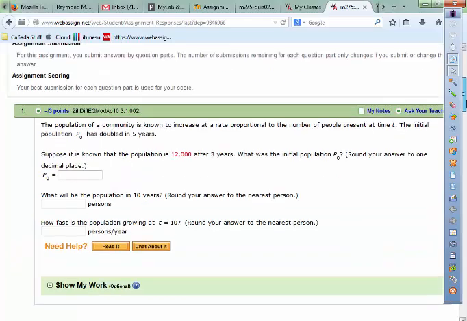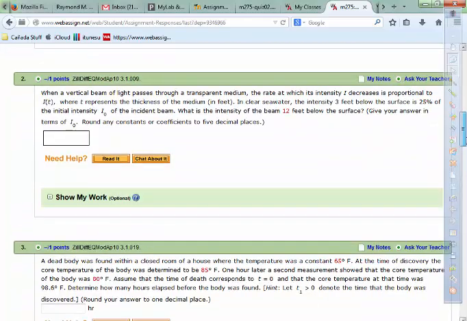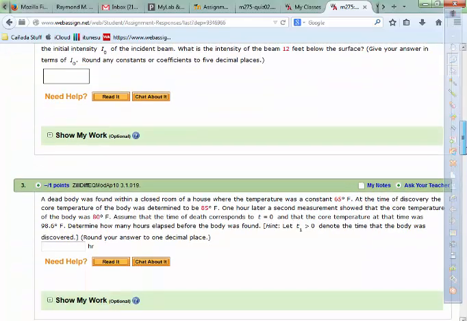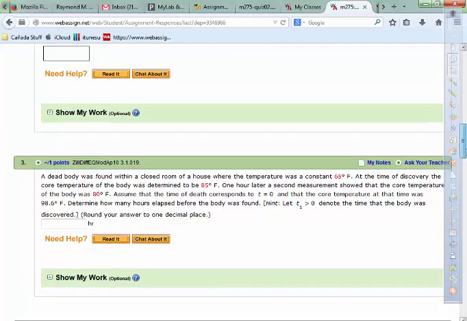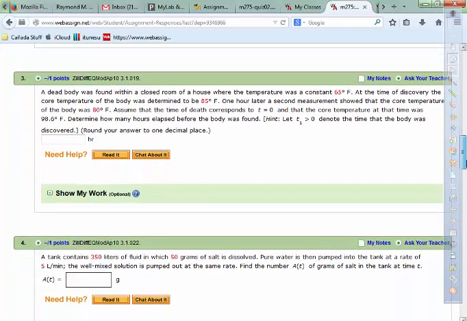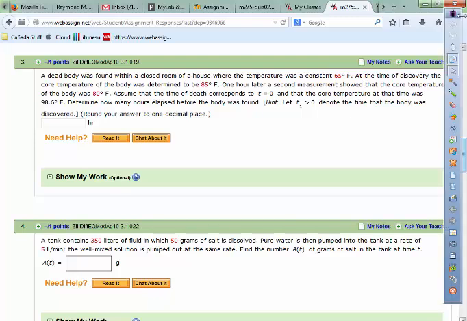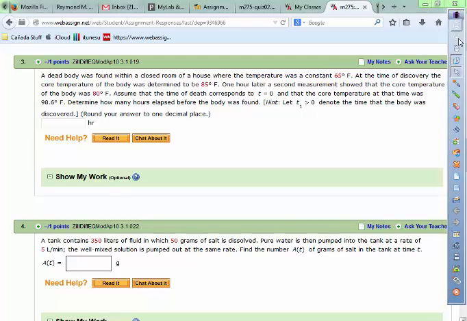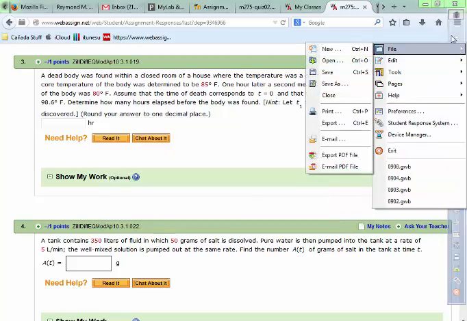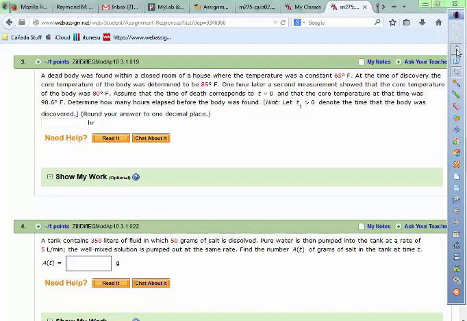So this is chapter 3, section 1. The dead body problem is always interesting. Kind of makes the CSI shows and stuff.